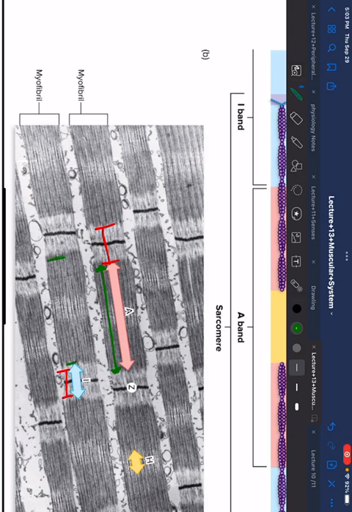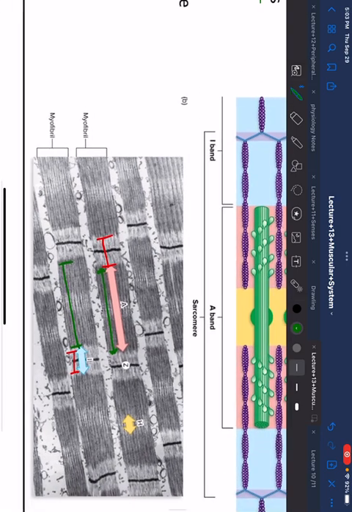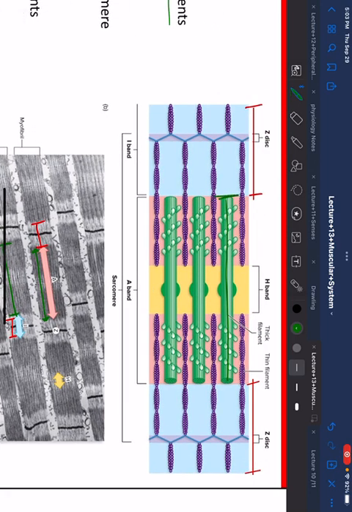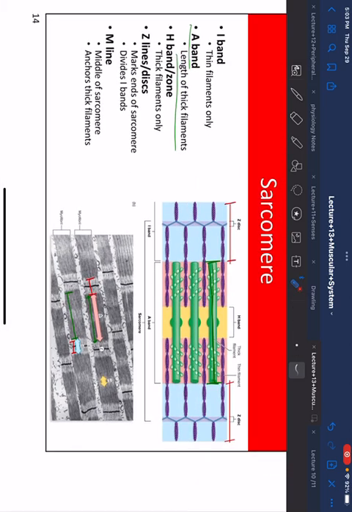So notice in some stretches of the A band, you'll only have thick filament, and in other stretches you'll have overlapping thick and thin filaments. But the definition of the A band is the length of the whole entire thick filament. The H zone, also referred to as the H band, is where we have only thick filaments.